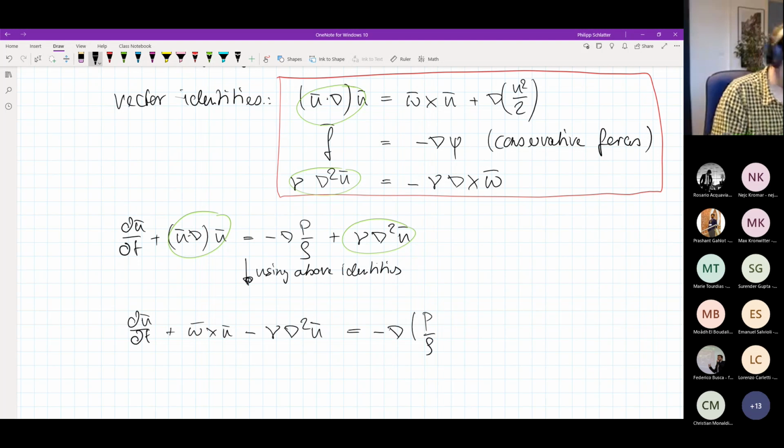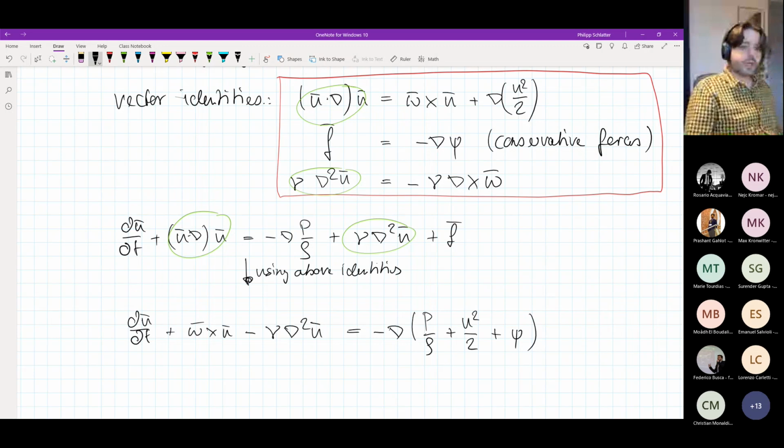And then we have the force here. So we have here the term from the kinetic energy. So we have plus u squared divided by 2, and then we have a psi here. Okay, so this is the first step that we could rewrite the equations.